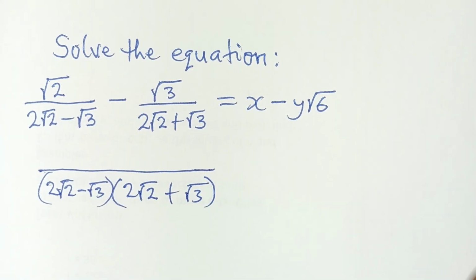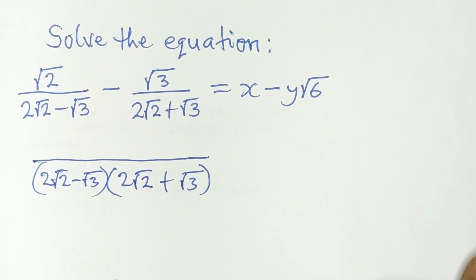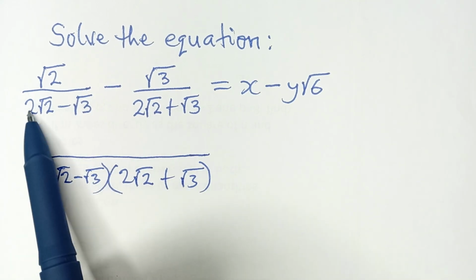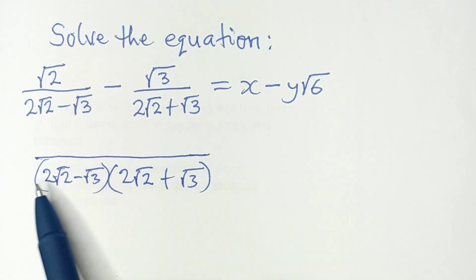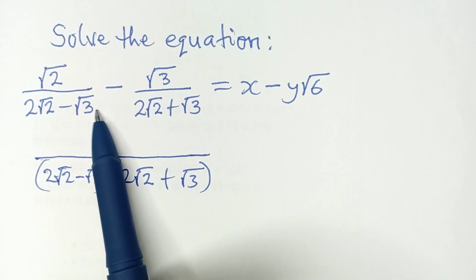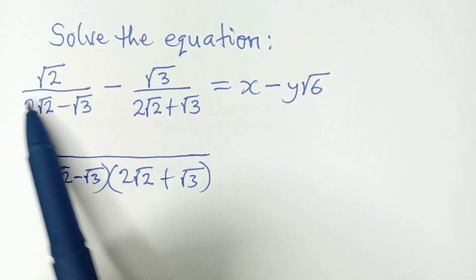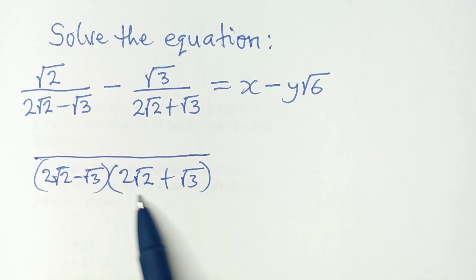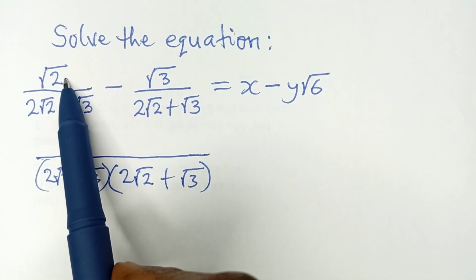So now I have the LCM. What I'm going to do next is to use this LCM to divide this denominator here. So when this divides this, it will cancel. These parts that are equal will cancel and we'll be left with this.